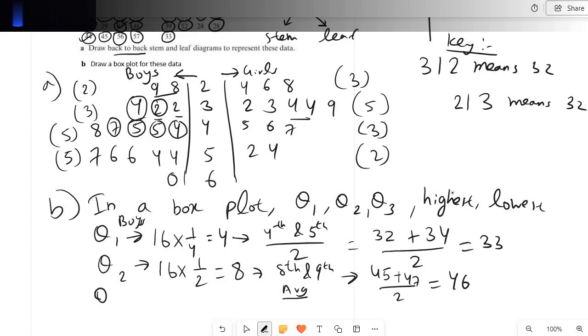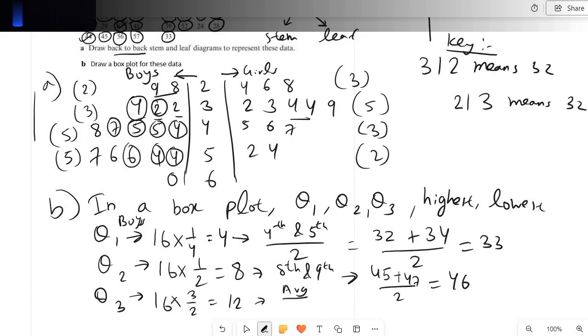Similarly, for the upper quartile, this is going to be 16 multiplied with 3 by 4, and this gives us a value of 12. So the upper quartile is going to be the average of the 12th and the 13th data points. So here we have 10 data points and then 11, 12.